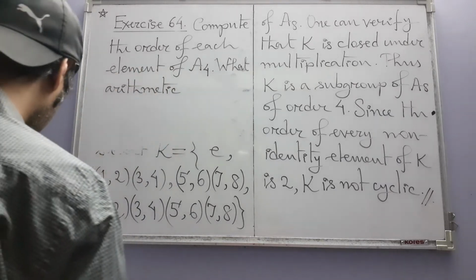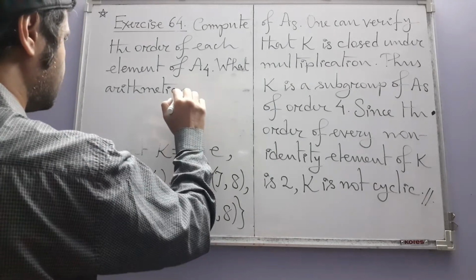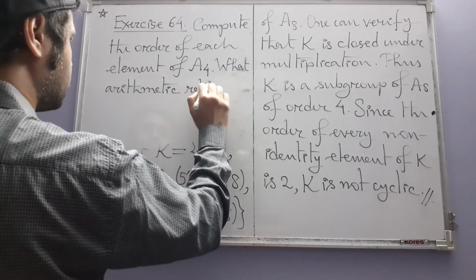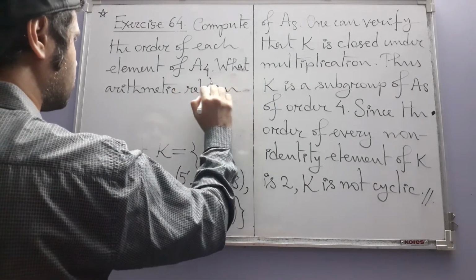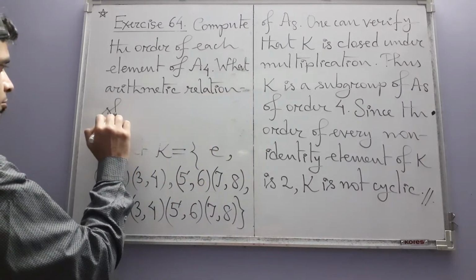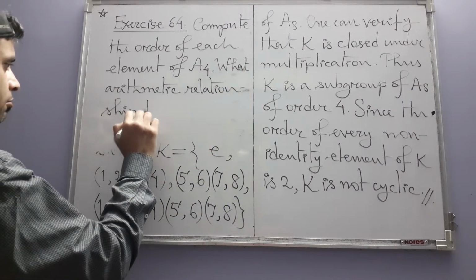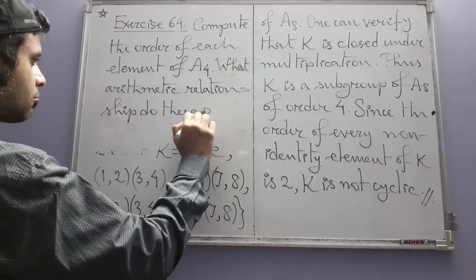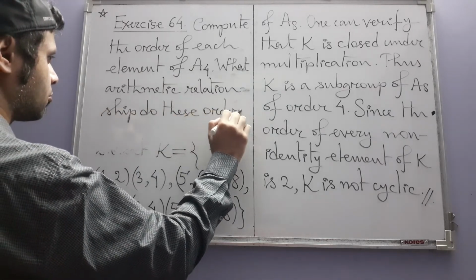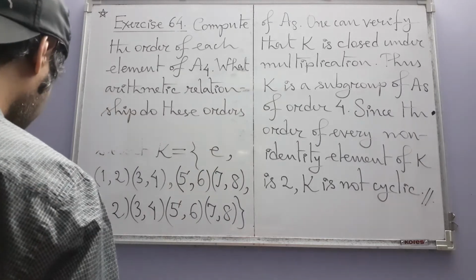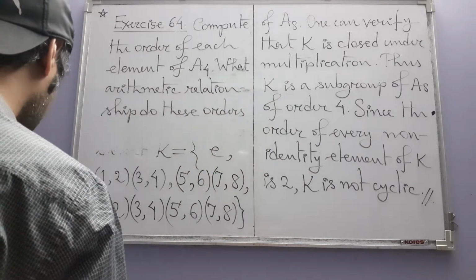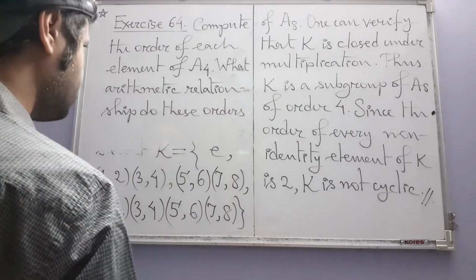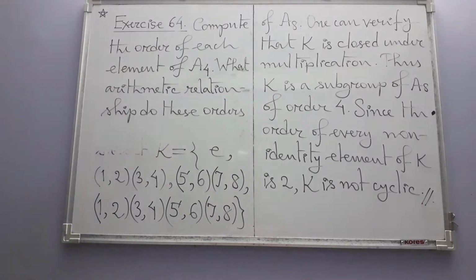What arithmetic relationship do these orders, that is the orders of the elements, have with the order of A4 itself?